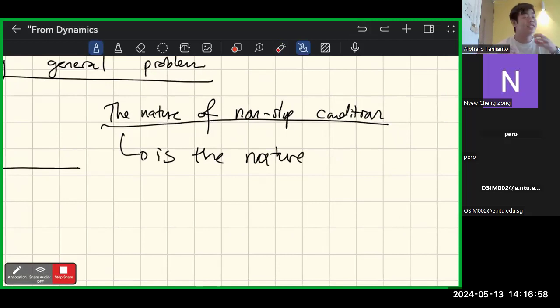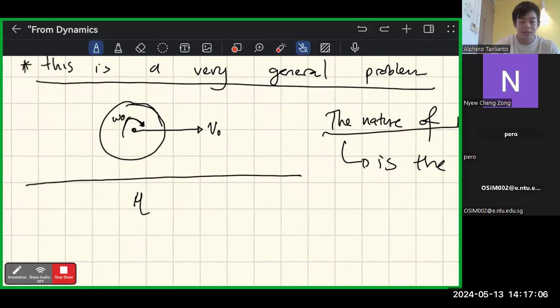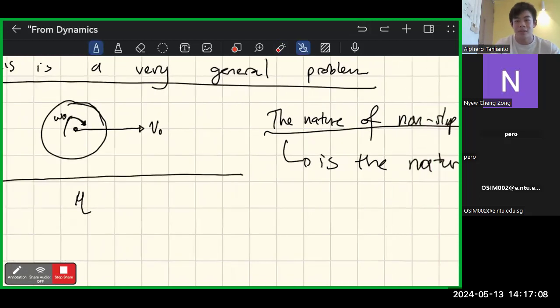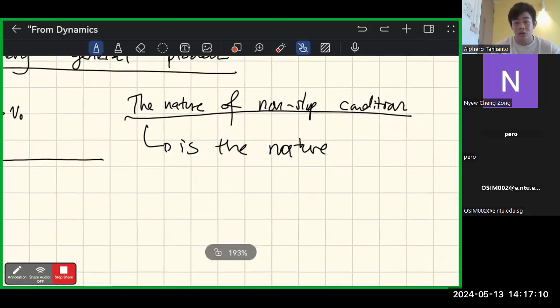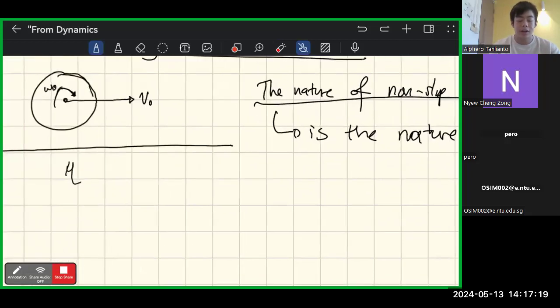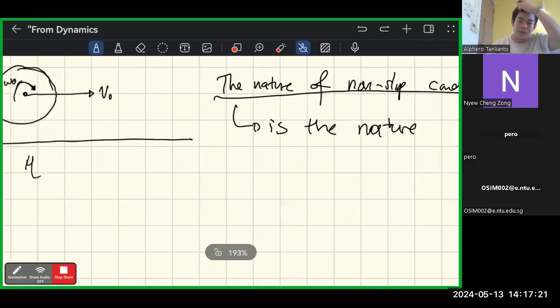If you have a thing that is slipping at first, and it has the form of a circle or any circular form, it will eventually go to a non-slip condition. Eventually, but at first it will still be slipping. So you have a time from the slip condition to the non-slip condition.